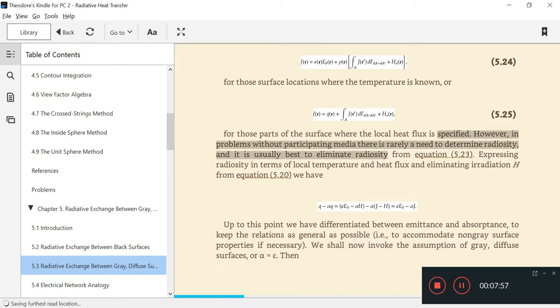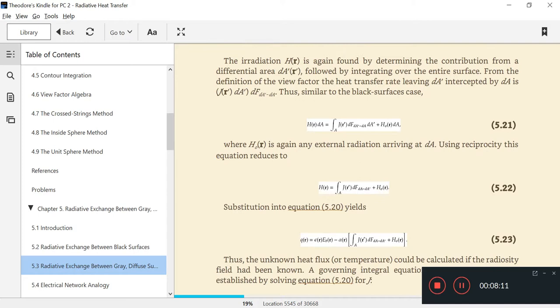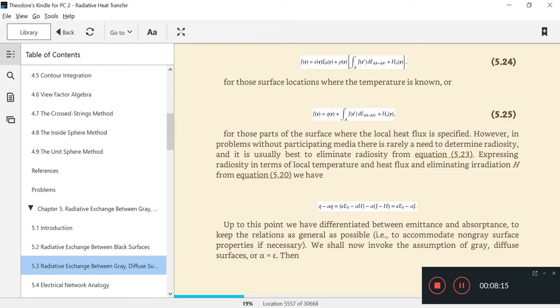Since there's no participating media, whatever that is, we can deal with it later, we find that it's usually best to eliminate radiosity. That means we just do a bunch of mathematical tricks to get radiosity out. So it says it's usually best to eliminate radiosity from equation 5.23.